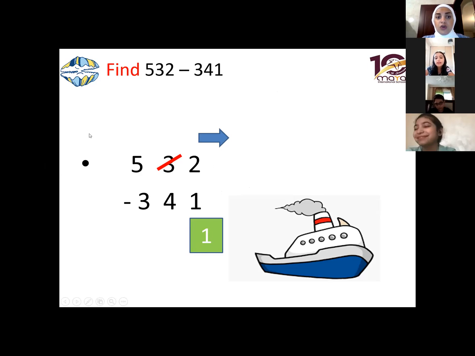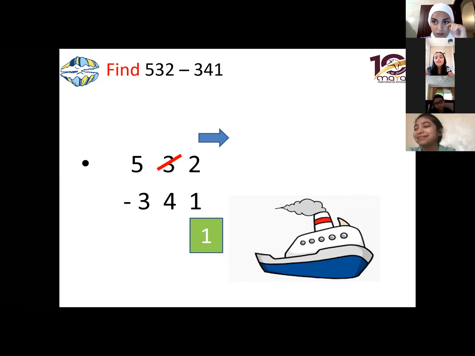Yes, then we go to the tens. 3 is smaller than 4. Look at 3. What is under 3? 4, and 4 is bigger than 3. So we can't change this. We can change the number at the top only. Only the number at the top.